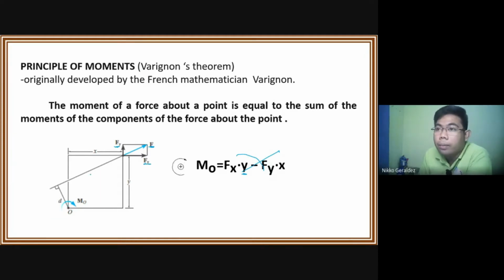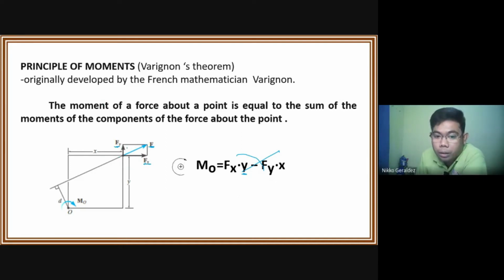So, ang ginagawa, nire-resolve muna yung given force into x and y components. Tapos, kinukuha yung moment. Mas madali yung pagkuha ng moment using principle of moments, lalo na yung perpendicular distance.